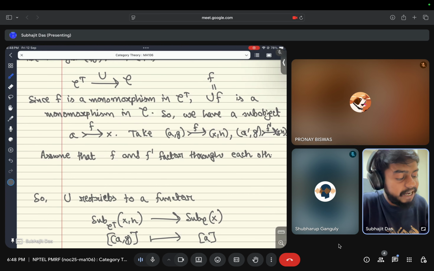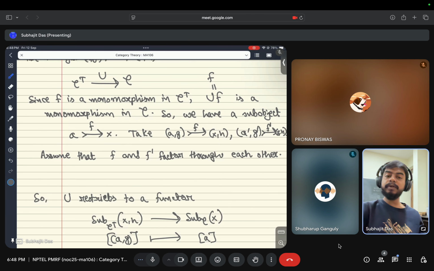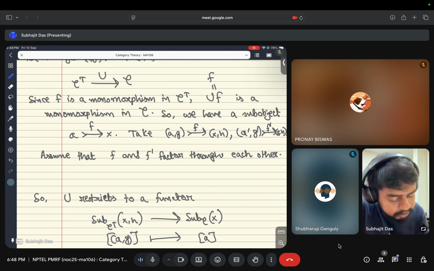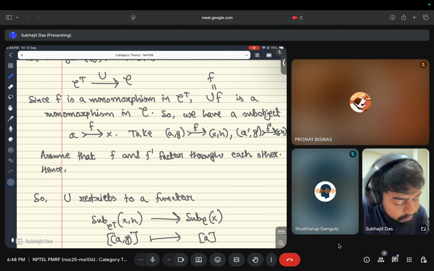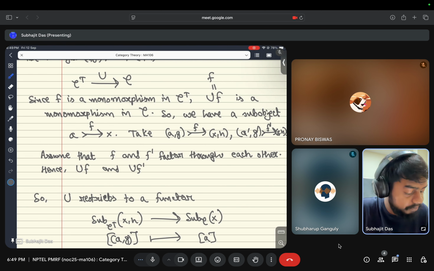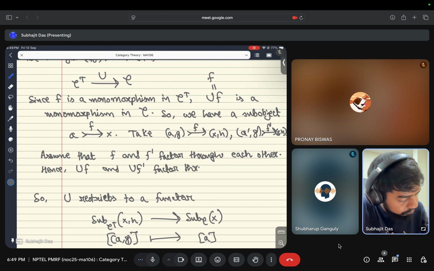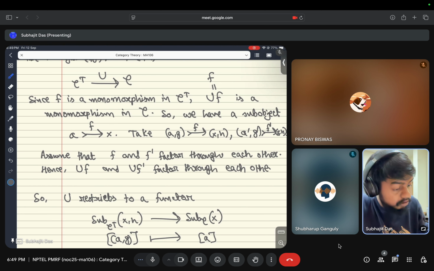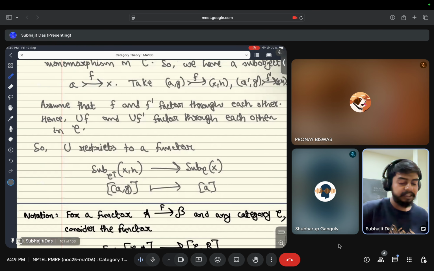Does that not mean that UF and UF' also factor through each other? Yes, and because U is a functor, that's all. In C, U restricts to a functor in this way.